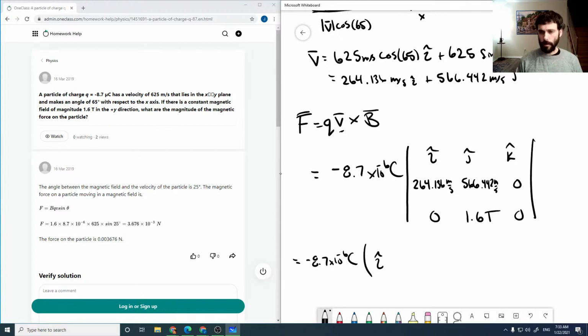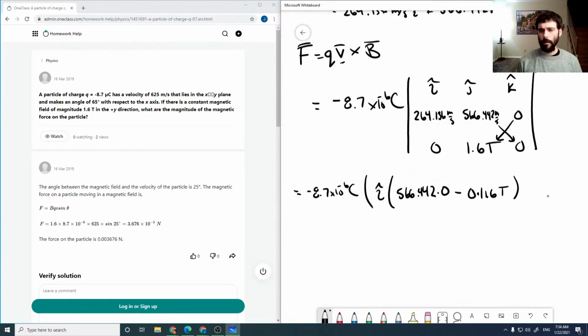All right, so in the i hat direction, we have 566.442 times 0, minus 0 times 1.6. So that's just going to equal 0, obviously. Minus j hat times this, which again is just going to be 0.